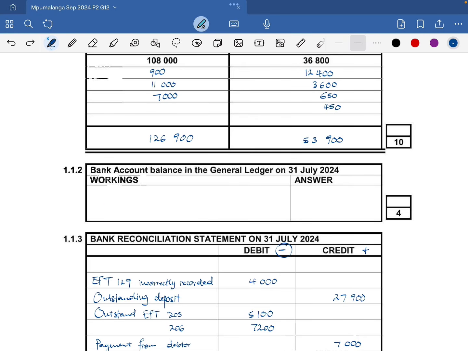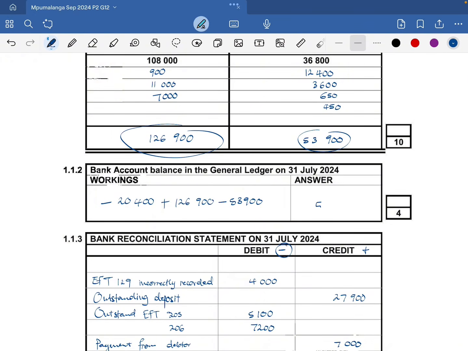So we know we had an unfavorable balance of 20,400 when we began. Then our total receipts here is 126,900. Then we would then have a minus of 53,900. Okay, so let's quickly sum that up. Negative 20,400 plus 126,900 minus 53,900.